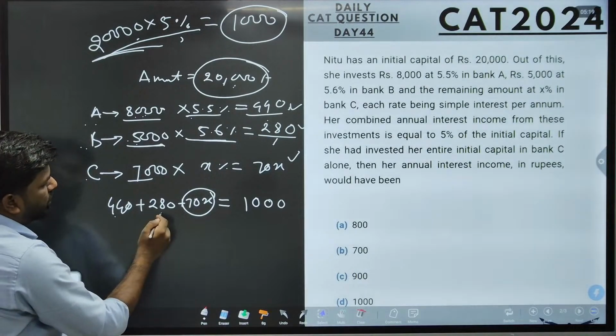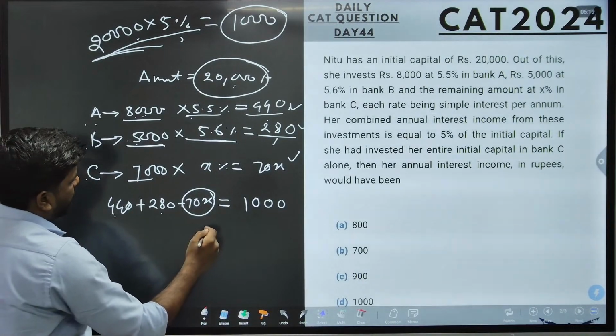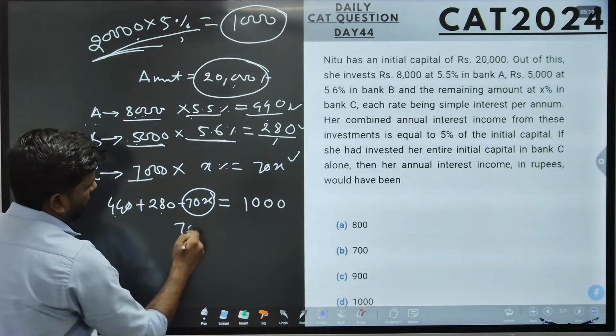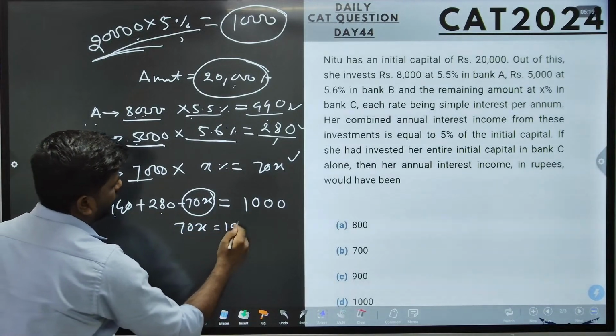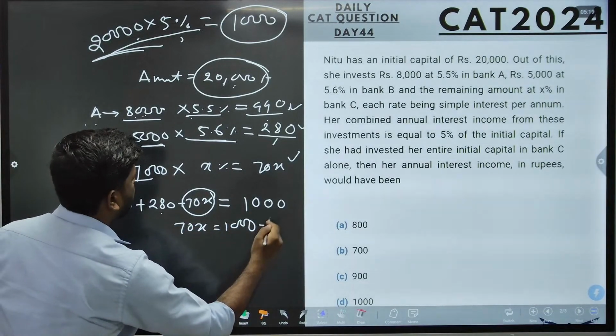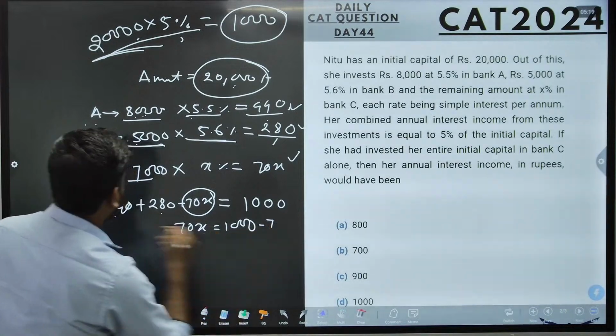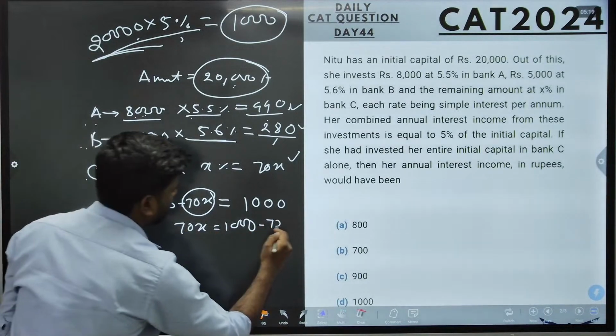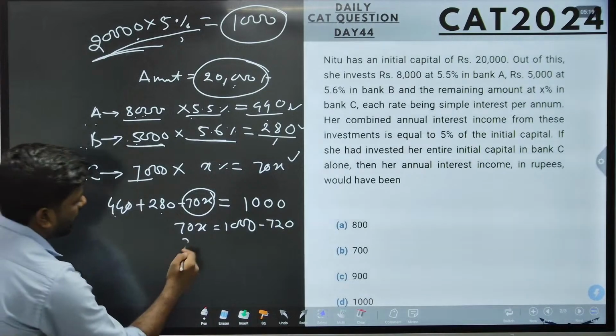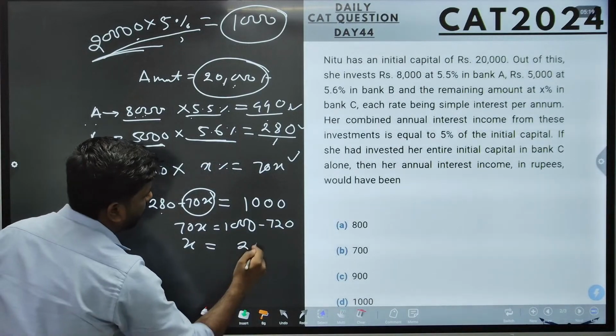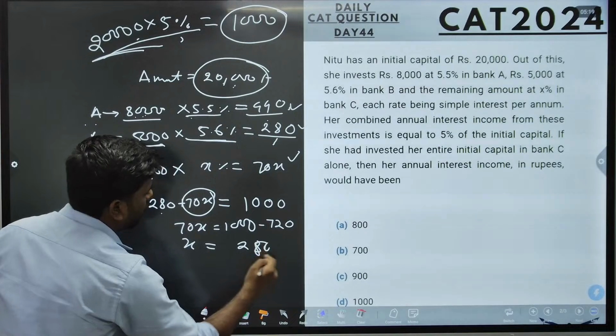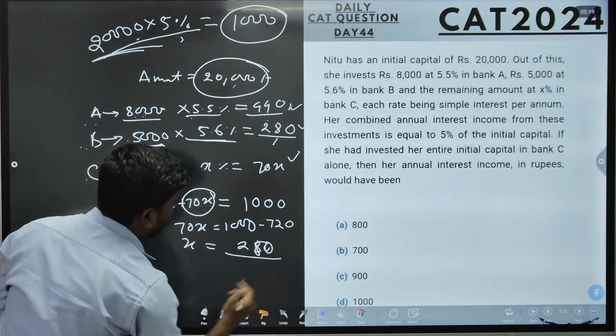Now 440 plus 280, this is 720, right? So 70x is equal to 1,000 minus 720, and x will be equal to 280 divided by 70.